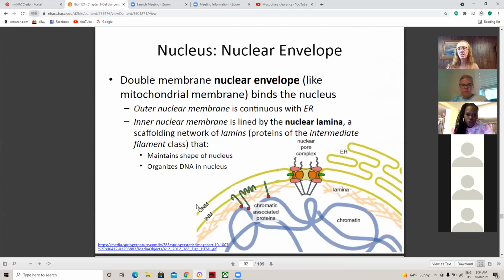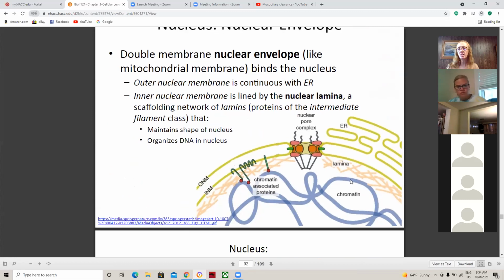The nuclear envelope, remember that this is continuous with the membranes of the endoplasmic reticulum, has an outer nuclear membrane and an inner nuclear membrane.